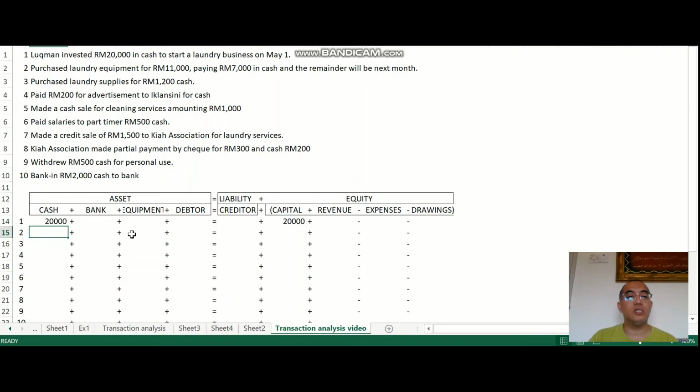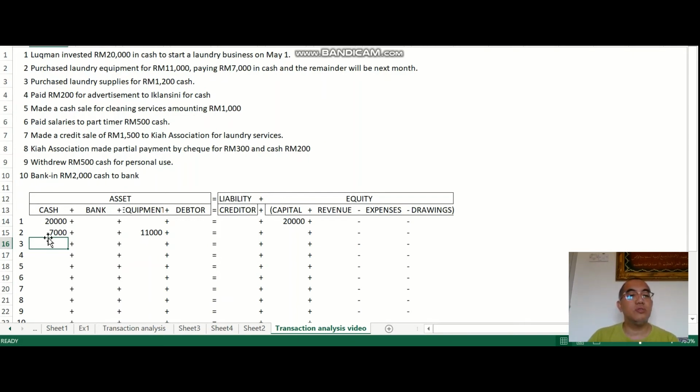Okay, so the equipment will suddenly increase by 11,000. Okay, your asset increased by 11,000 and you paid 7,000. Okay, so your 7,000 cash. So I put here minus sign, minus 7,000 because you take 7,000 from your cash. So 20 minus 7, and then still not enough.